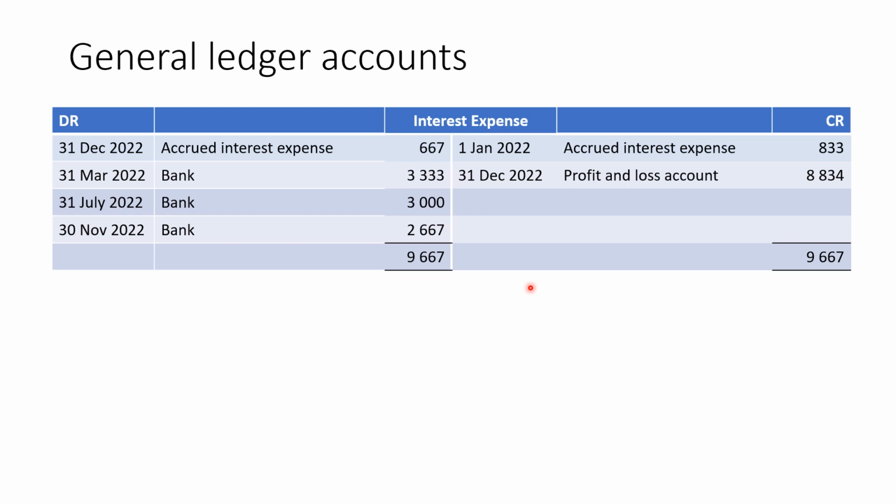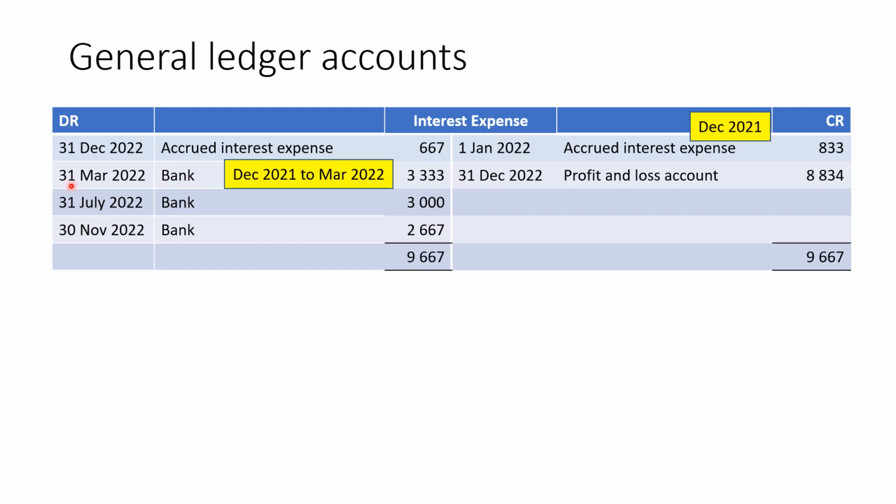So in my general ledger account, I will now have the following. On the credit side, I have the reversal of the December 2021 accrual for interest. So that is now on the credit side of my interest expense account. So it's reducing my interest expense.